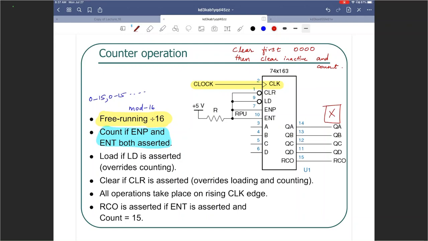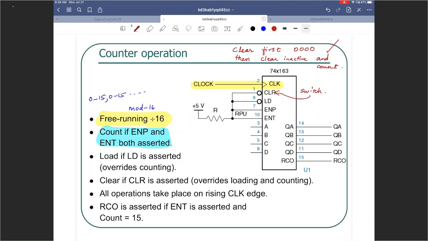So make sure in your LogicWorks simulation, you use a switch to control clear, make it 0 first, so that your outputs go to 0, 0, 0, 0. Then you can toggle that particular switch to 1, which means that clear is inactive, and then you can start the counting process.